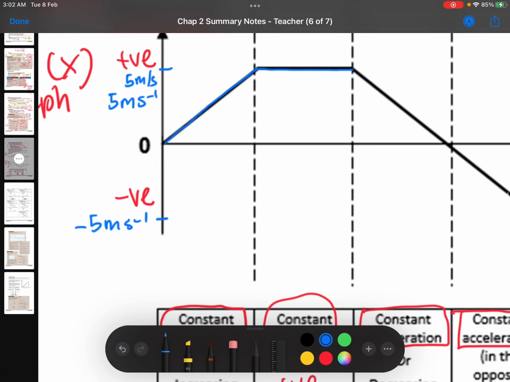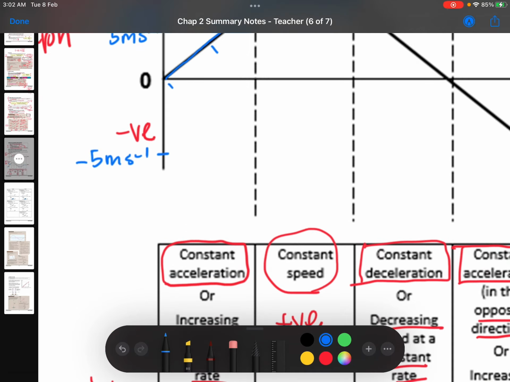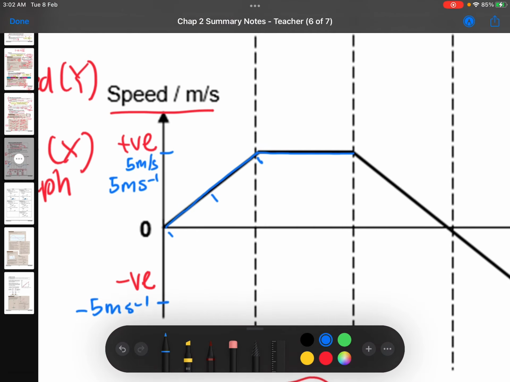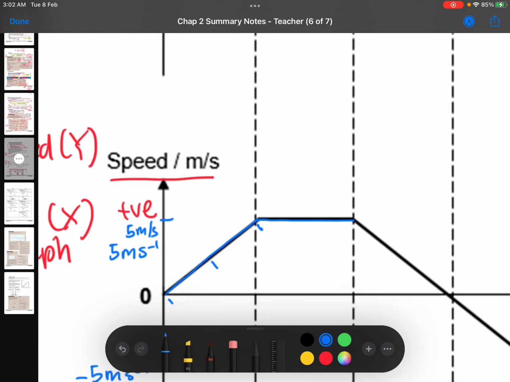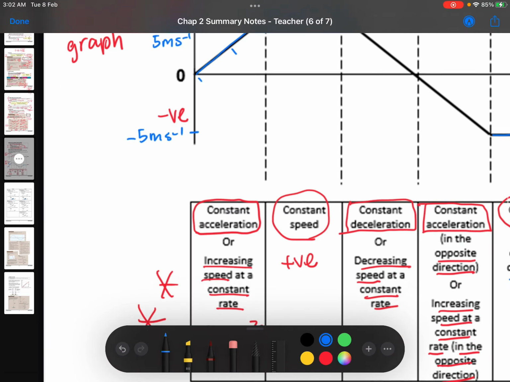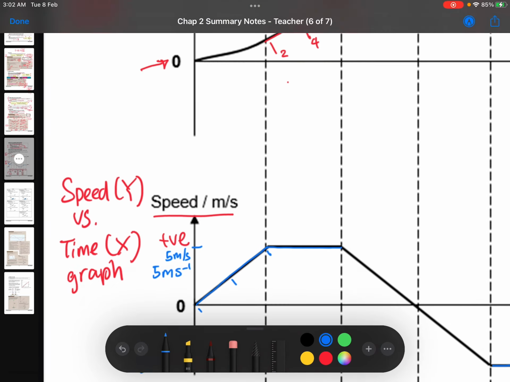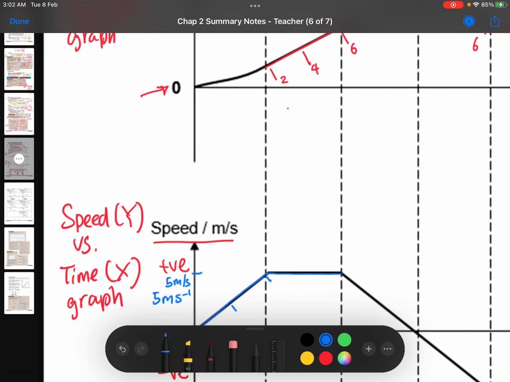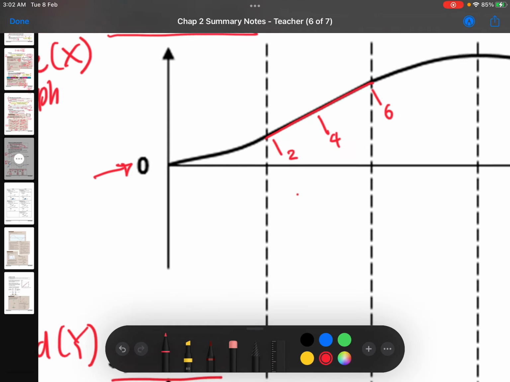So if you have intervals, you find that your increase is constant. Now, if you translate that to distance time, you find that your acceleration is constant, but this in this context is like a parabola.